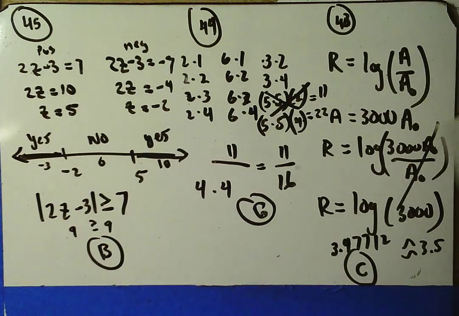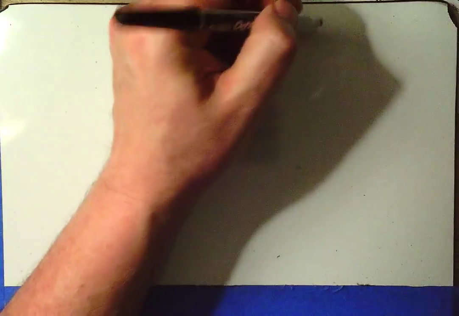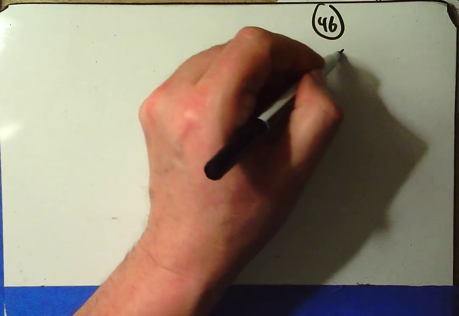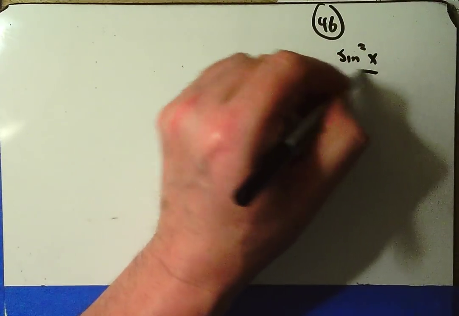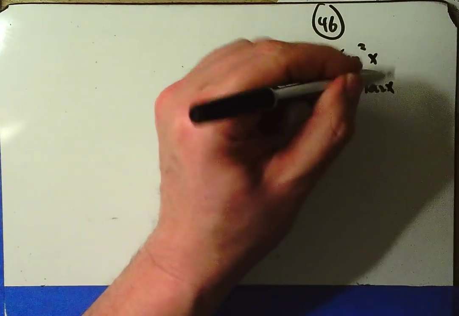Okay, let's take a look at 46. Which trigonometric function is equivalent to sine squared x over cosine x times tangent x?